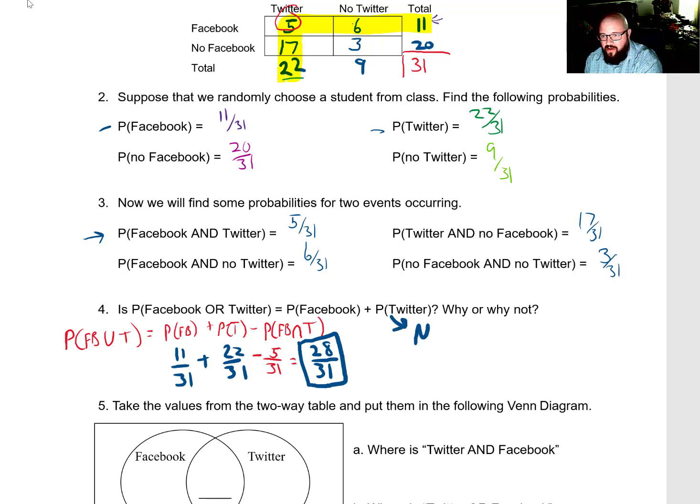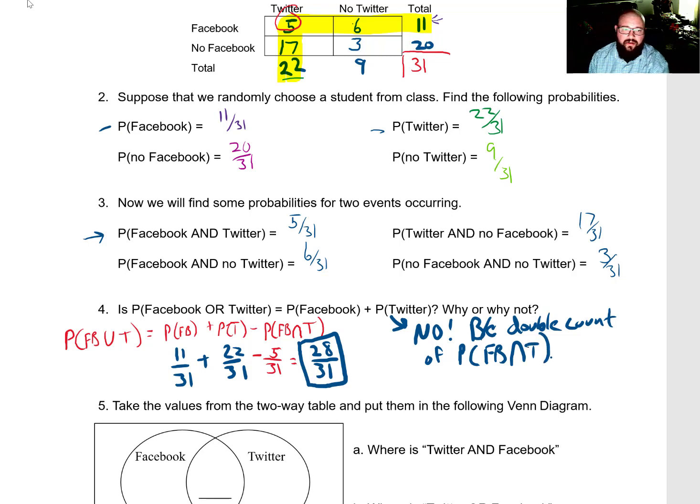We can't just add the probability of Facebook and the probability of Twitter, because there would be a double count of the probability of Facebook and Twitter. And we don't want to do that, okay?